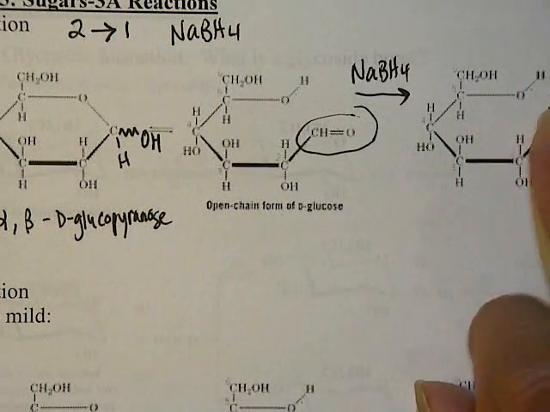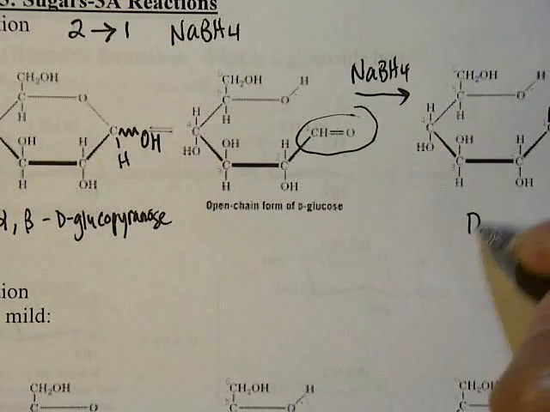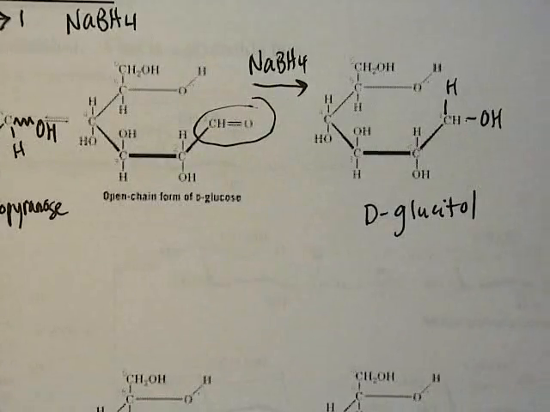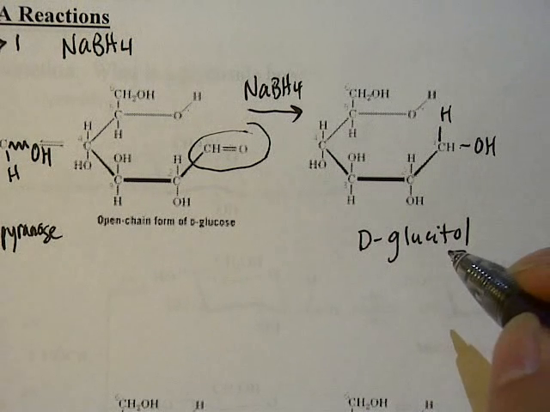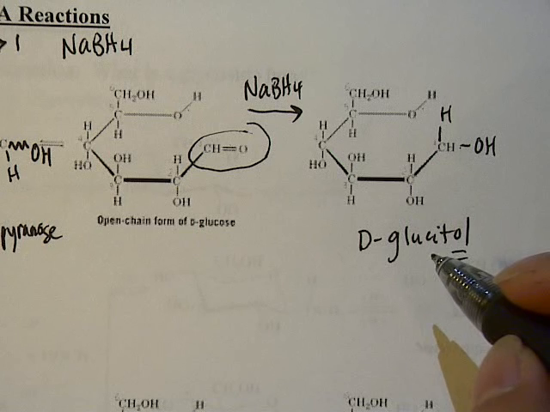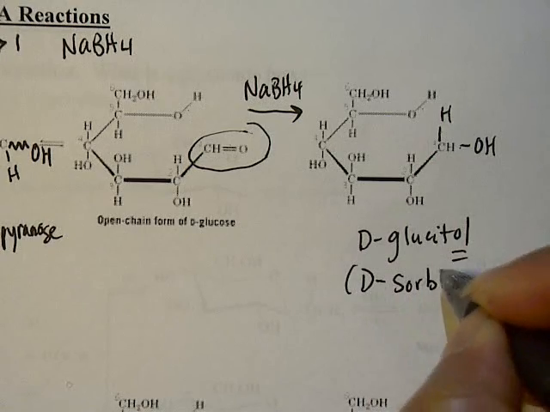All right, so this right here is called D-glucitol. Notice the -ol for the alcohol, and it's a naturally occurring compound found in many fruits, and it's also used as an artificial sweetener under the name of D-sorbitol.